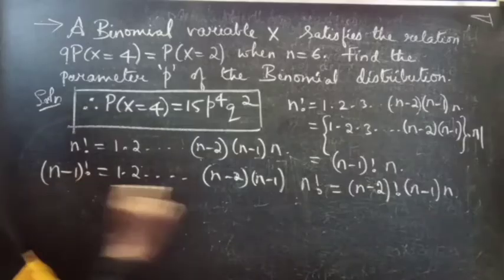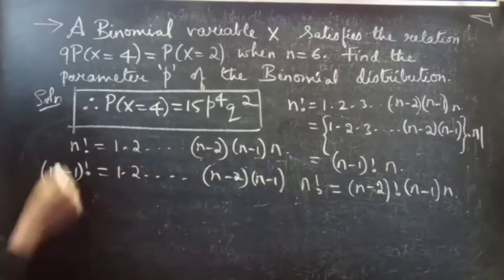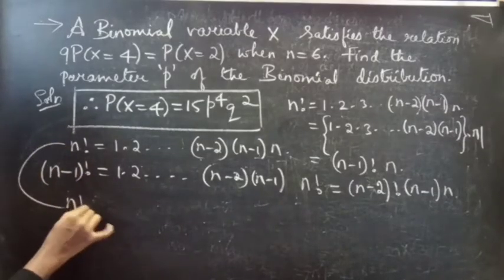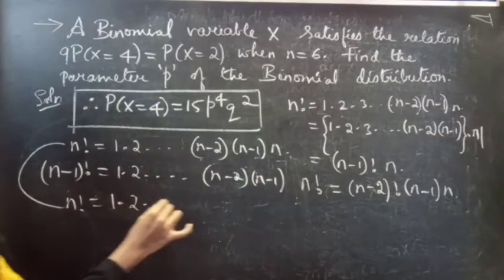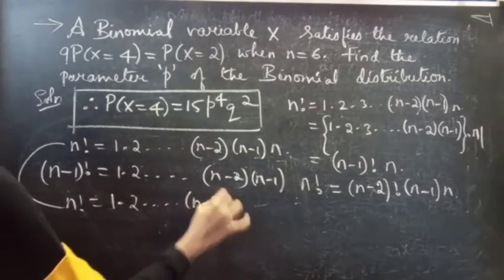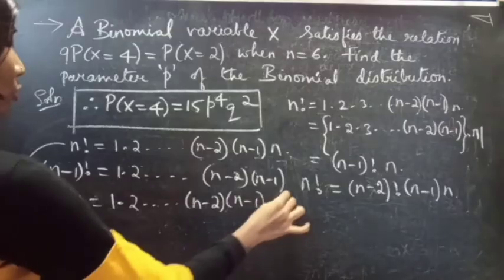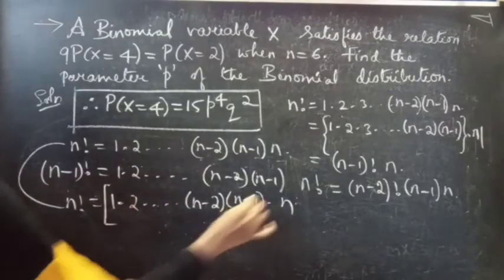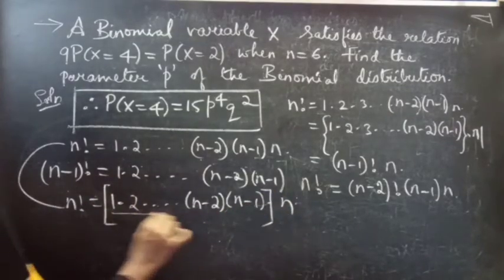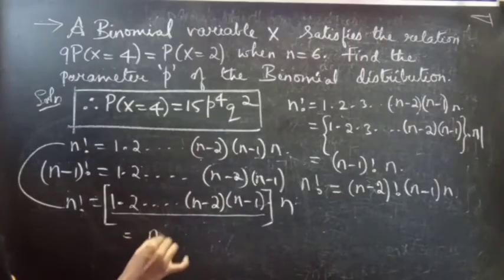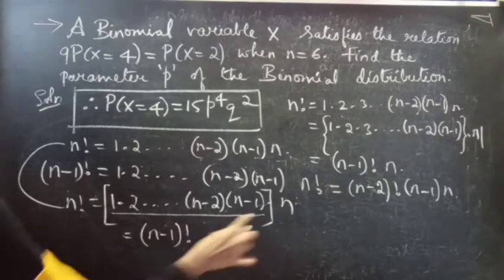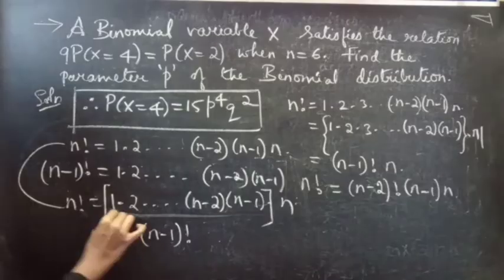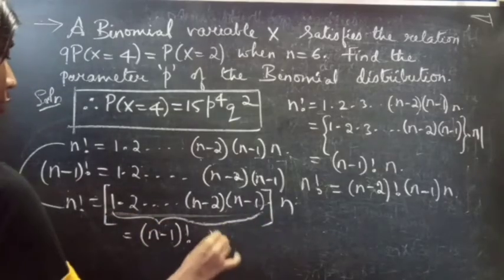Now take this n factorial, 1 into 2 into so on into n minus 2 into n minus 1 into n. You could change it as n minus 1 factorial into n.